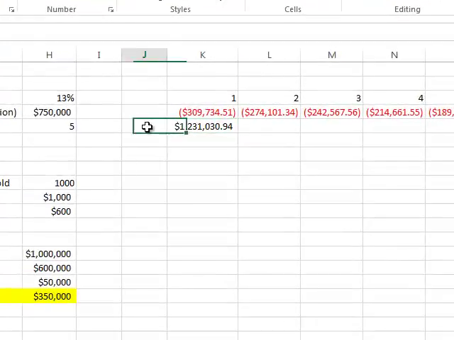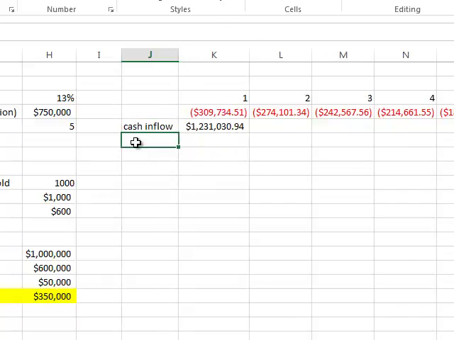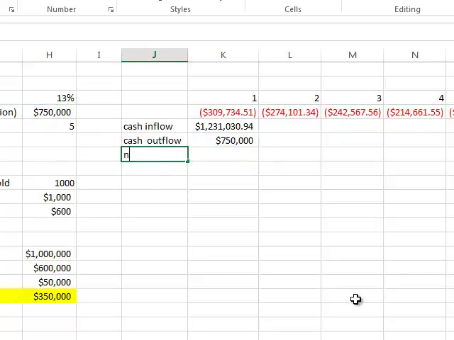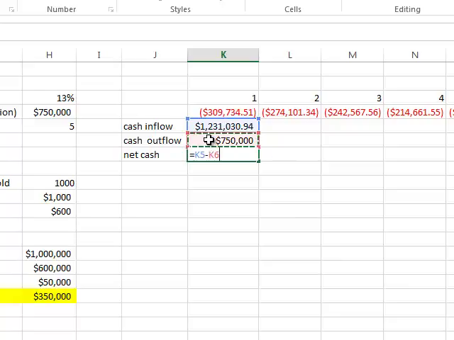Since my cash inflow is higher than my cash outflow, this would be considered a good investment, because this is positive. Again, cash inflow minus cash outflow is positive, so as long as it's above zero, this is a good investment.